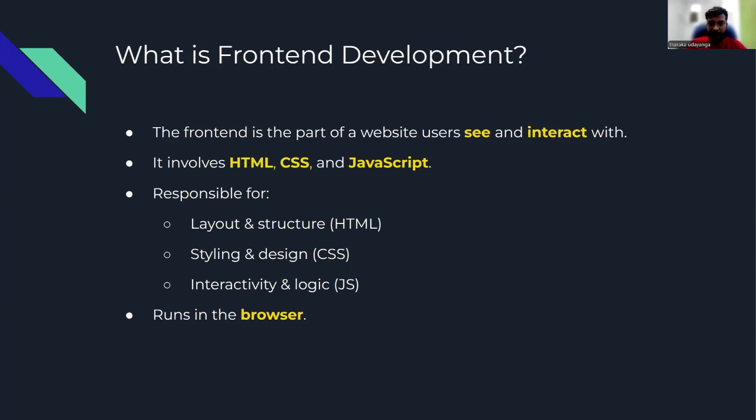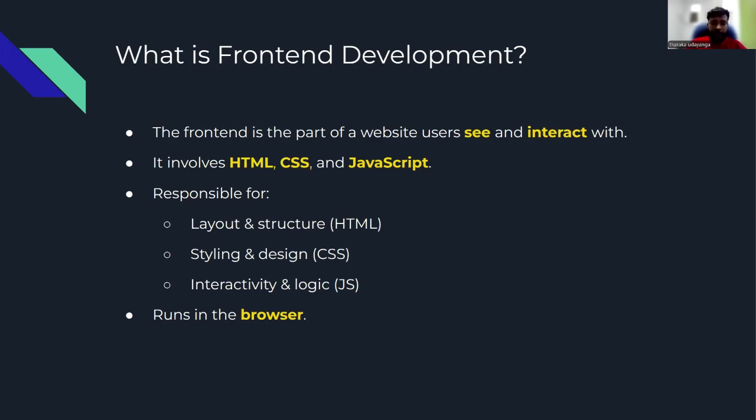So we have a lot of responsibilities to build these interfaces, and to handle these interactions perfectly, because users mainly depend on those things. It involves HTML, CSS, and JavaScript.